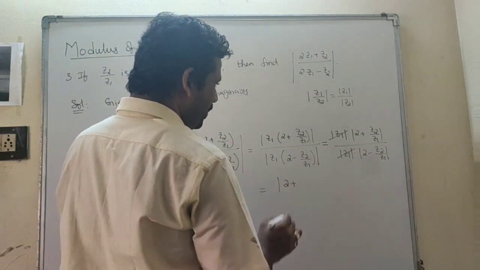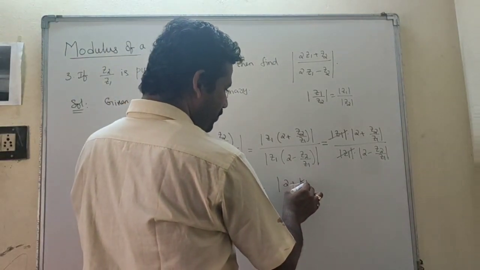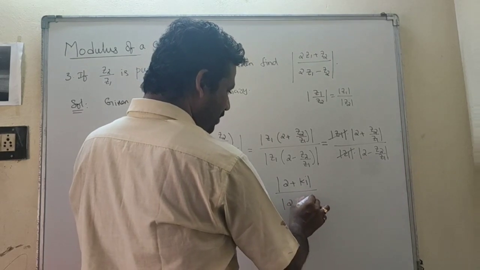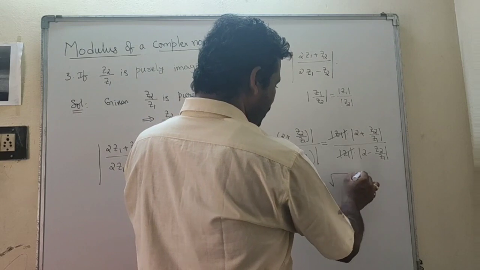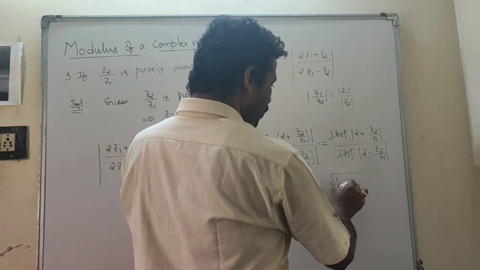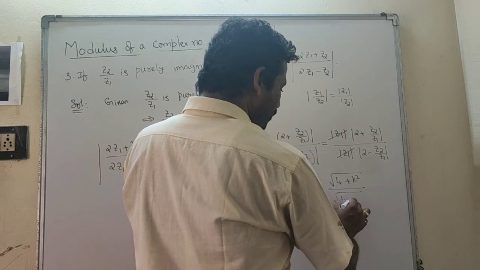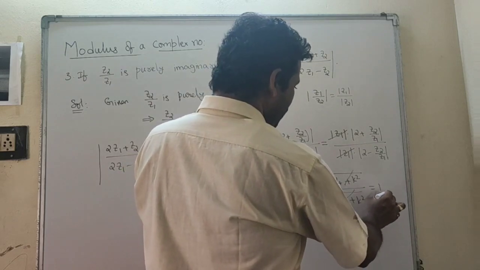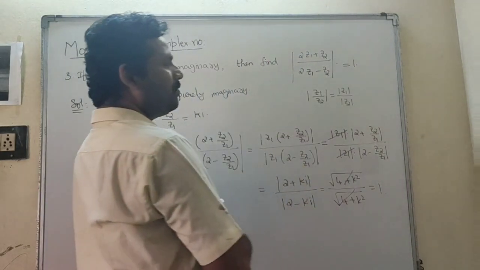Mod of (2 + ki) whole by mod of (2 - ki). What is mod of 2 + ki? Square root of 4 + k^2 whole by square root of 4 + k^2. This cancels, that is equal to 1. So the answer is 1.